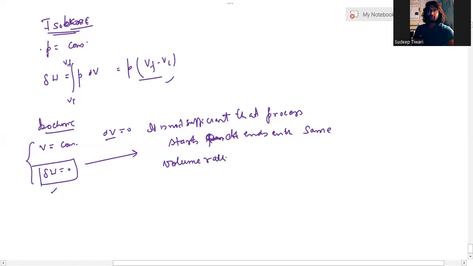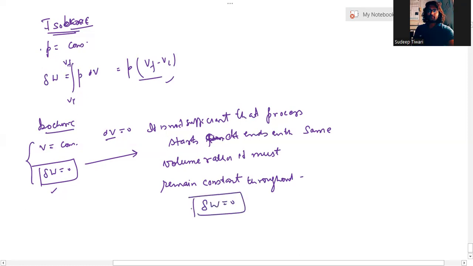Rather, it must remain constant throughout. Only then can I write that in the isochoric condition my work would vanish.